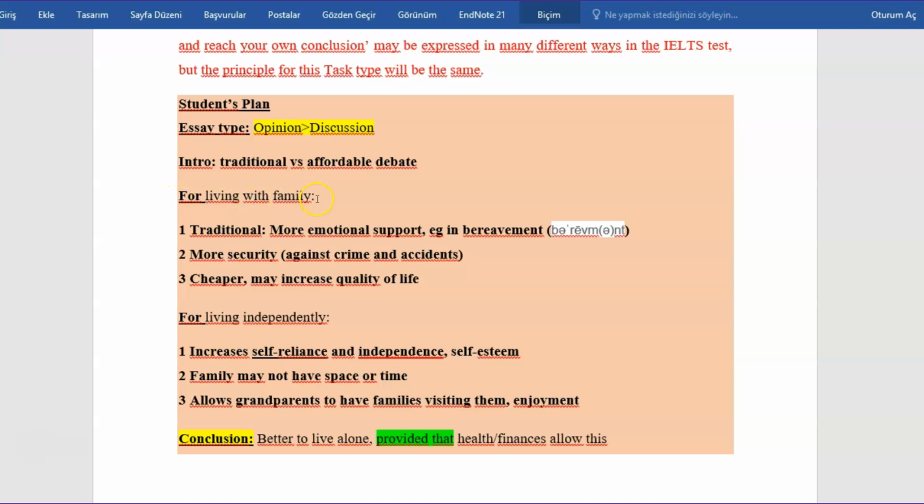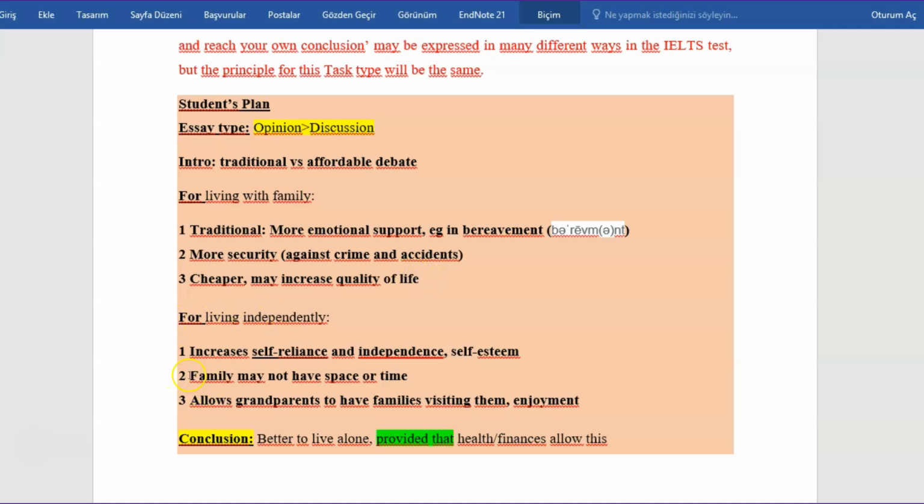For living with family, we provide 2 or 3 sentences here. Traditional is traditional because it provides more emotional support, especially in bereavement, right? And it is more secure, for example, against crime and accidents, and then it's cheaper, which may increase our quality of life.